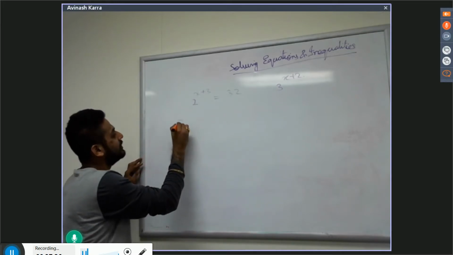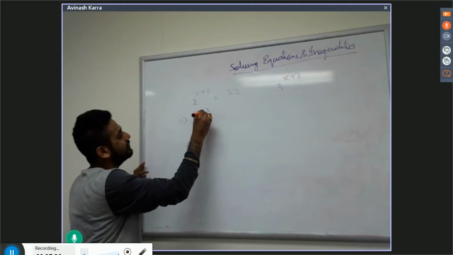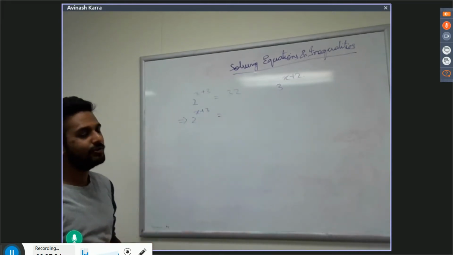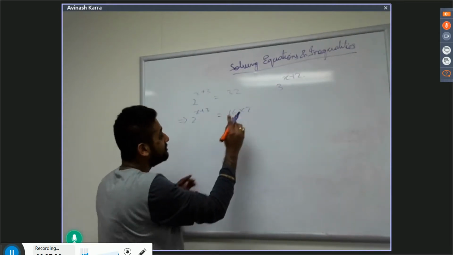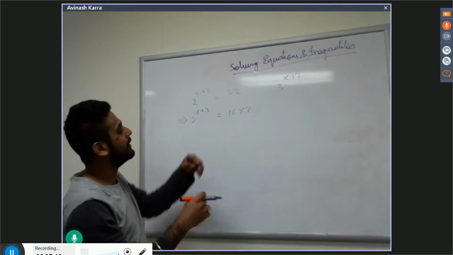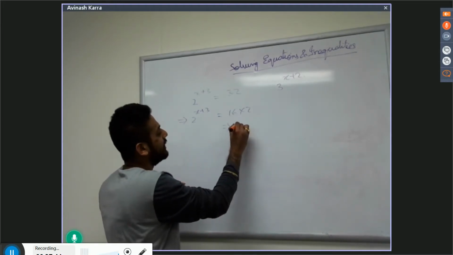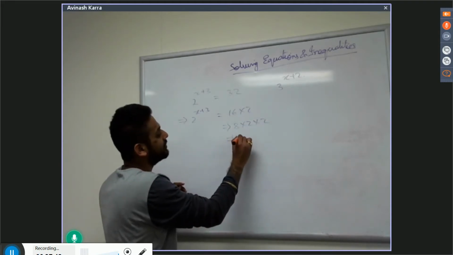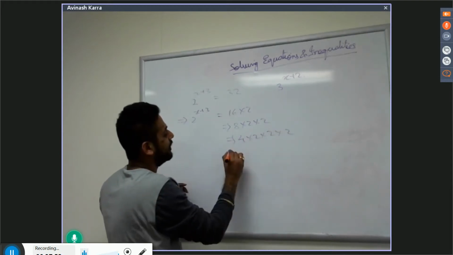So, first, let me convert this into 2 power x plus 3 is equal to, how can 32 be written? 16 into 2, right? I'm just simplifying in a slow manner, but you should be quick. And 16 into 2 can be written as 8 into 2 into 2. And 8 can be written as 4 into 2 into 2 into 2.